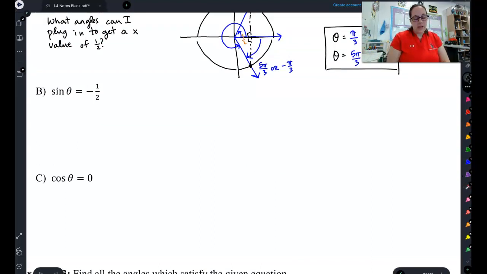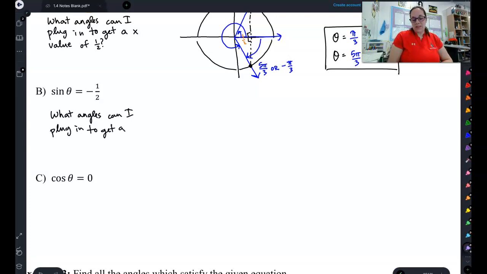This one, I have sine of theta equals negative 1/2. So this one is asking, what angles can I plug in to get a, now this one, because it's sine, I don't want an x value, I want a y value of negative 1/2.